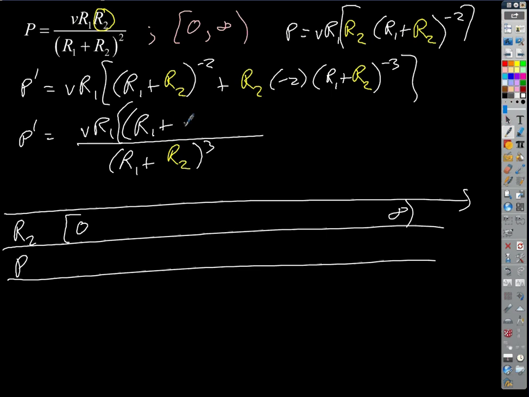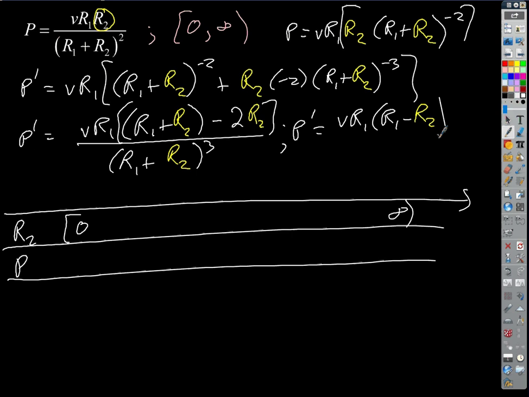R1 plus R2 minus 2R2. And if we combine like terms, that's just giving me R1 minus R2 in there, isn't it? Yes. Okay, so our final answer for that is P prime equals V R1 times R1 minus R2. Everybody good with that on top?